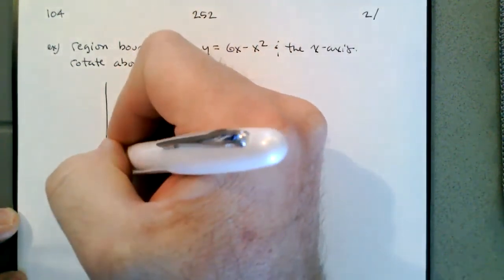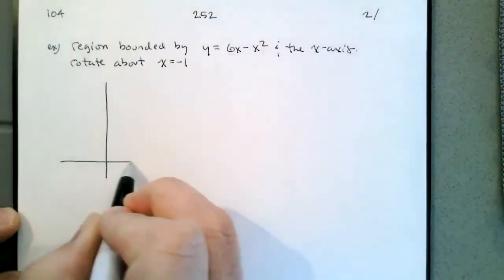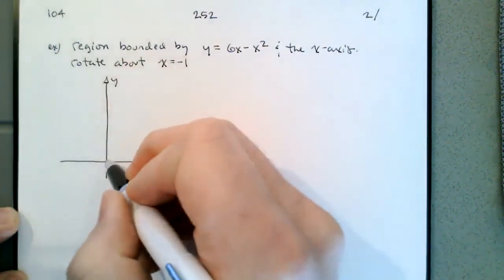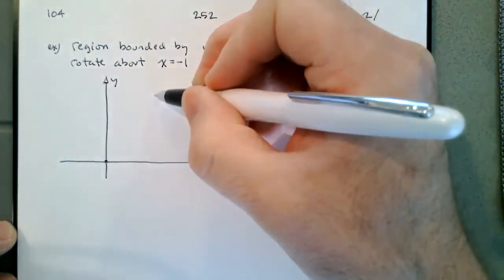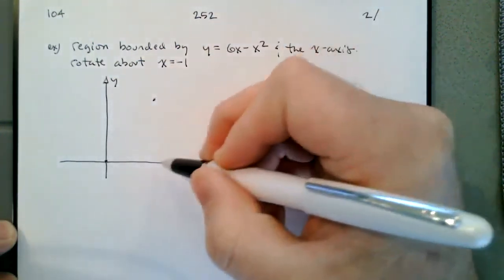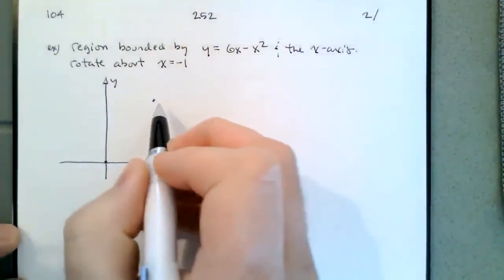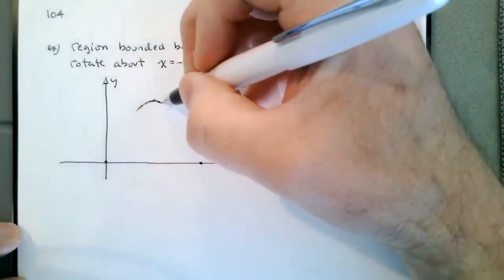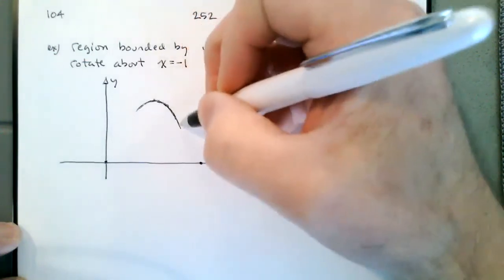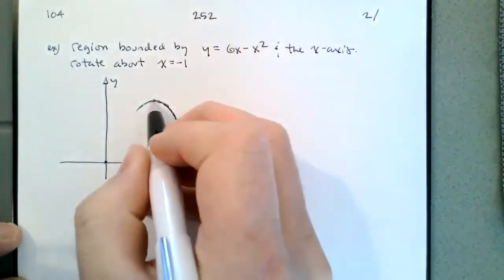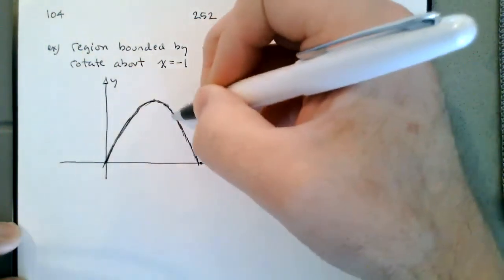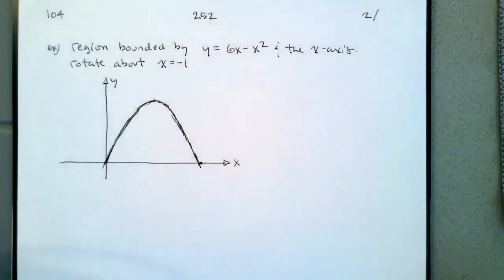Let's draw a picture of our region. All right, so here's the graph of 6x minus x squared.